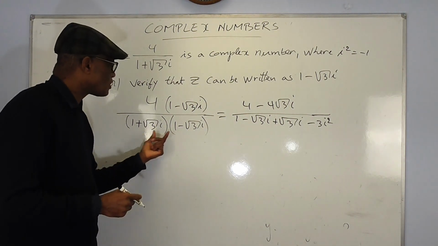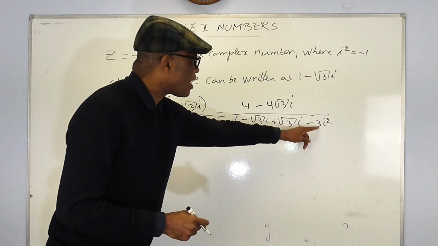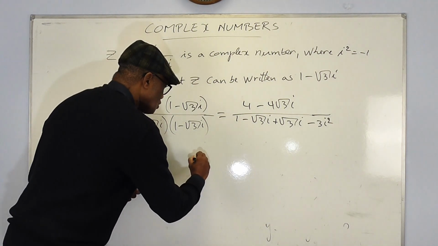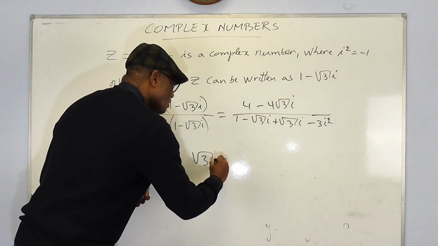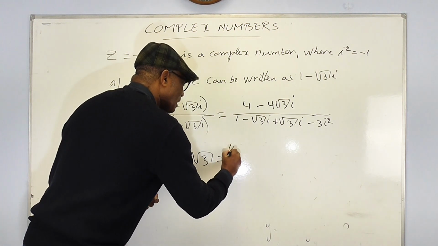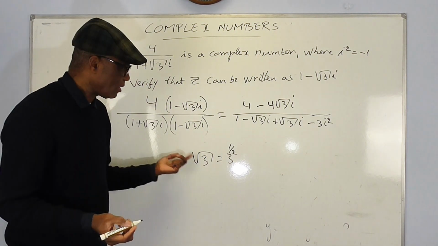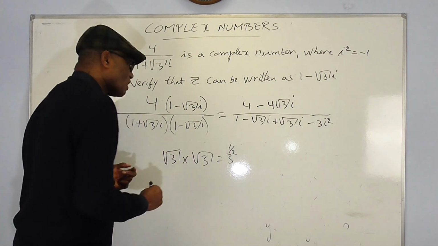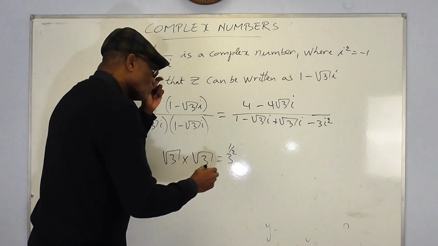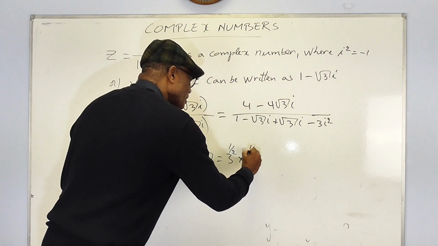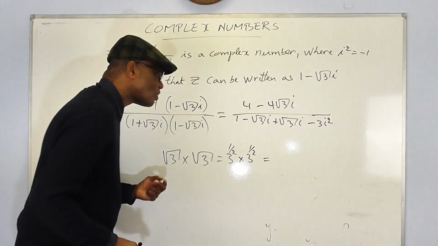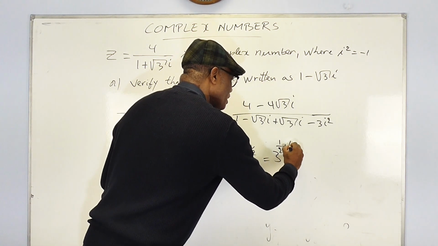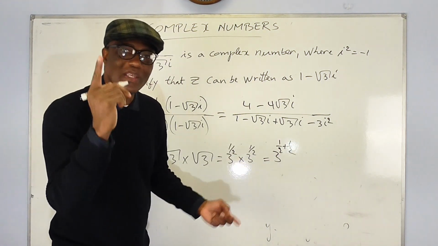Where is the 3 coming from? We have square root of 3 times square root of 3, and why do we have a 3 there? Look, a square root of 3 can be written as 3 to the power of a half. If you multiply it by another square root of 3, you add the powers, half plus half, which gives just 1.